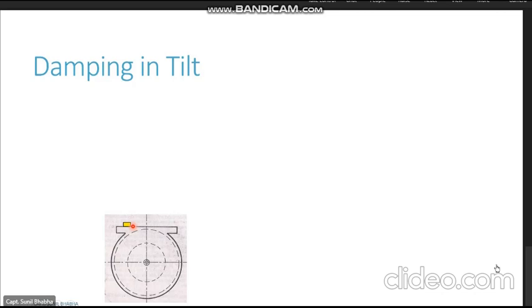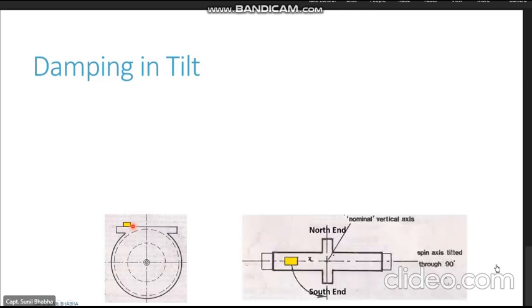Now, if it tilts by 90 degrees and you are looking at it from the same direction, this is how it is going to appear. You see, this is the spin axis tilted by 90 degrees.